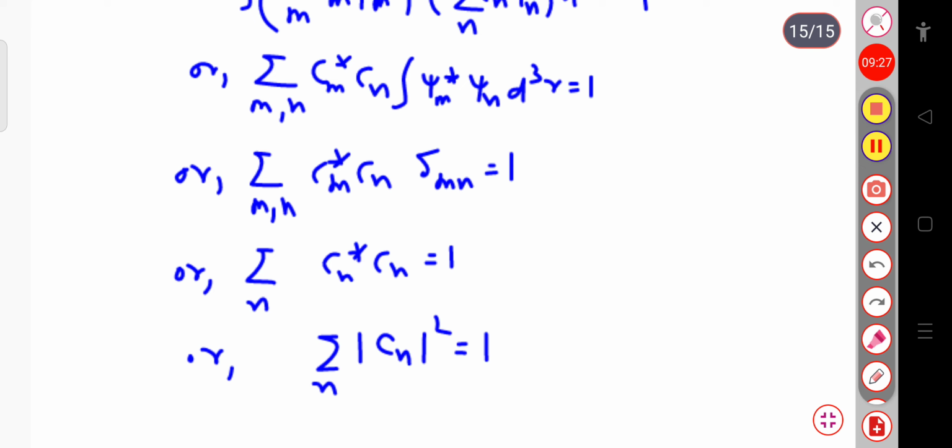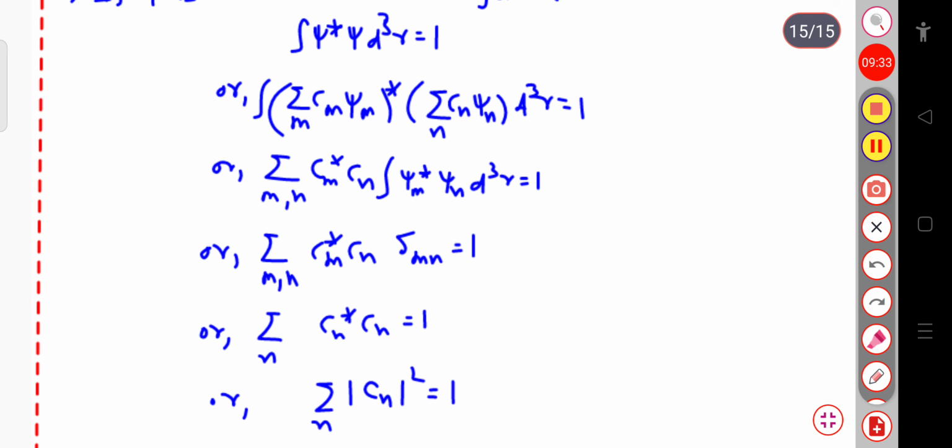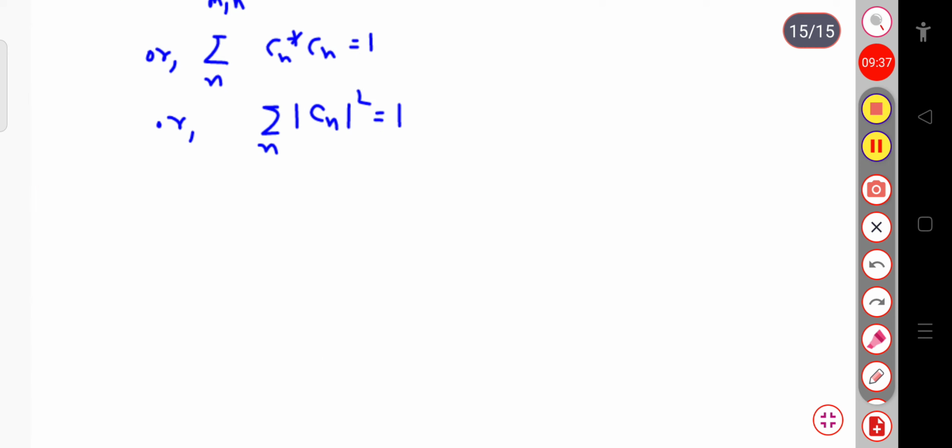So it implies that what we have proved is that psi star psi dqr is equal to sum over modulus of Cn square, that is equal to 1.